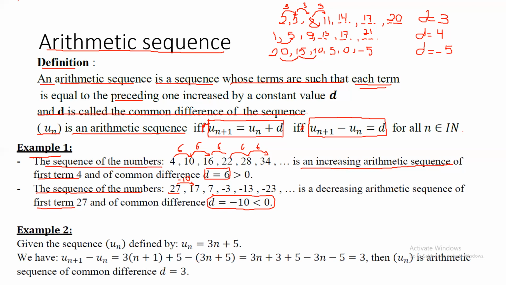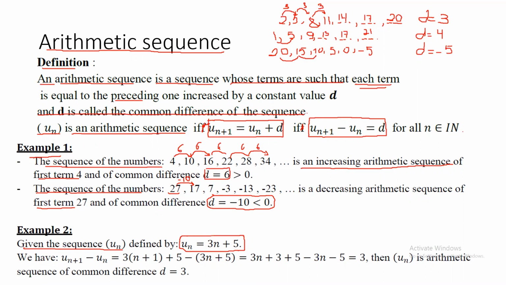Can I start with example 2? Yes. Example 2. Given the sequence u_n defined by u_n equals 3n plus 5.